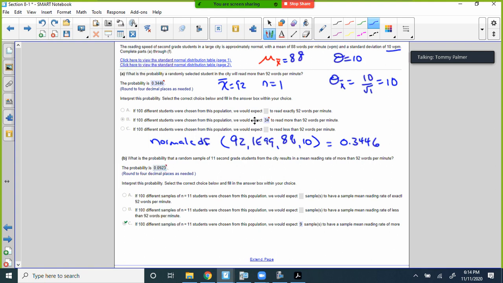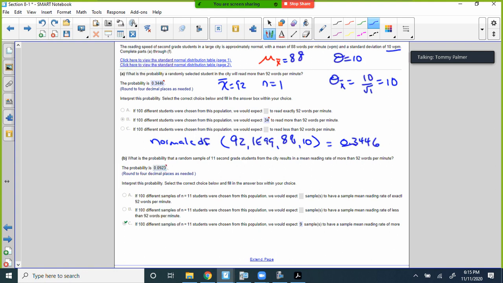So round it off to the nearest percent for the interpretation of the probability. If 100 students were chosen from this population, we would expect 34 of them to read more than 92 words per minute. Now, why 100?